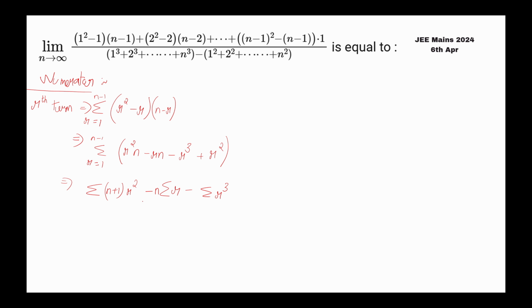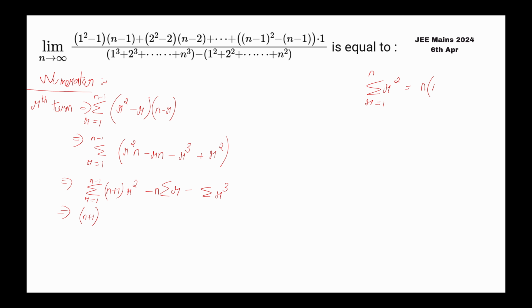So now simply what I can do is I can use my sequence and series formulas. What used to be my sum of squares of n natural terms? I can take the constant term outside, since we have r from 1 to n minus 1. So first of all, my summation r square for r is equals to 1 to n, what does this used to be equal to?